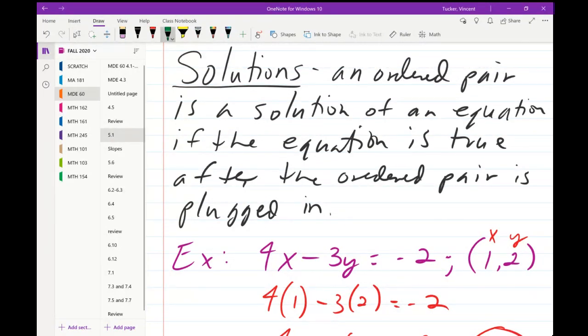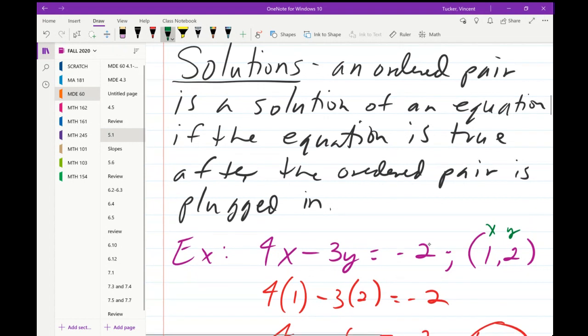So for this first example, 4x minus 3y equal to negative 2, if they give me the ordered pair (1, 2), always remember your first component is x. First part of your coordinate is x. The second one is y. And then you will plug those in accordingly.